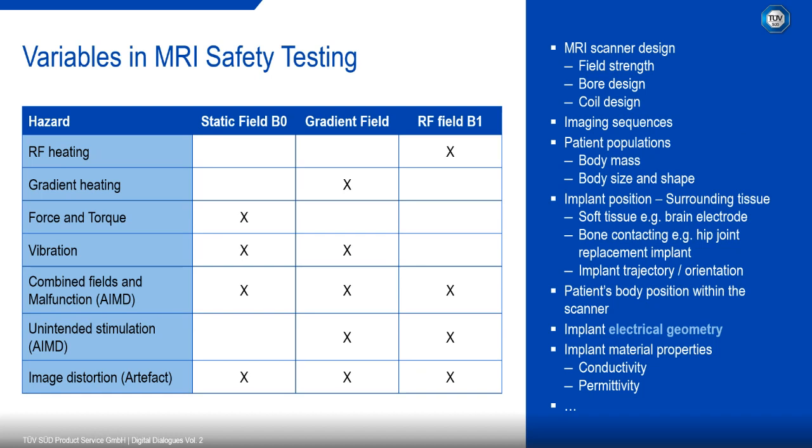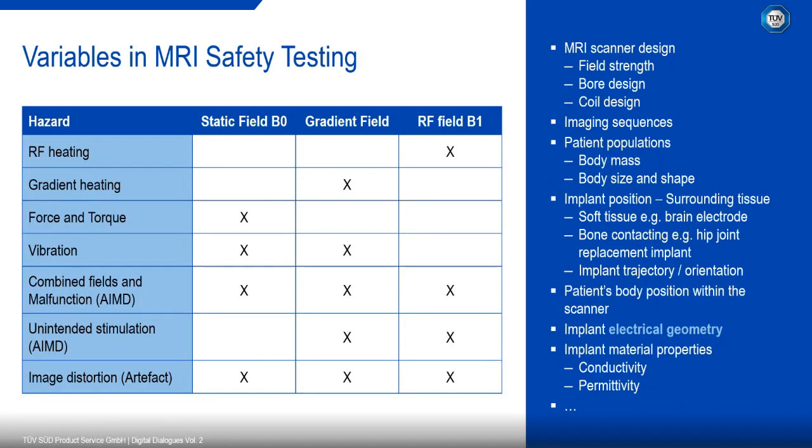The risks to the patients are generated either as the result of an individual field or as the result of the interaction between two or even all three fields with the implant at the same time. The table here shows, for example, that the RF field is the only field responsible for RF heating, but vibration is the result of interaction of the static and gradient fields with the implant.